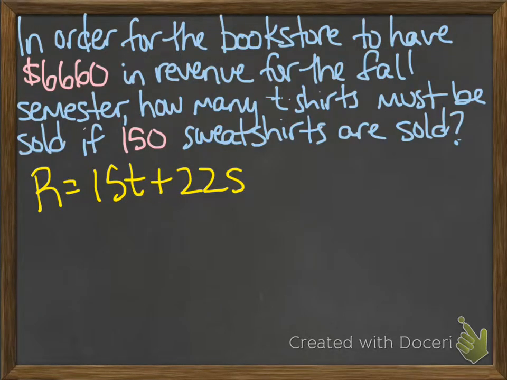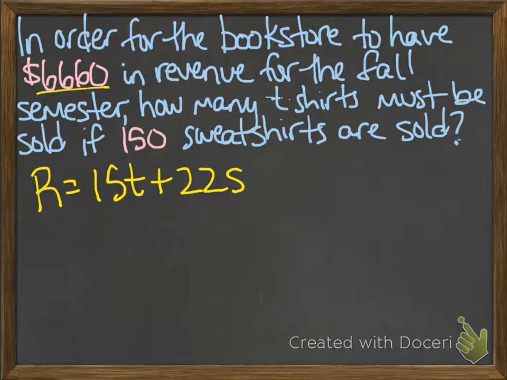In order for the bookstore to have $6,660 in revenue for the fall semester, how many t-shirts must be sold if 150 sweatshirts are sold? Well, we've got 3 variables here, and we've got numbers for 2 of them.